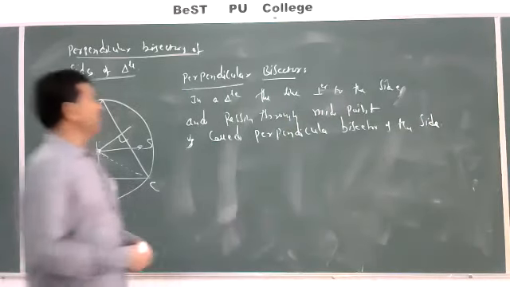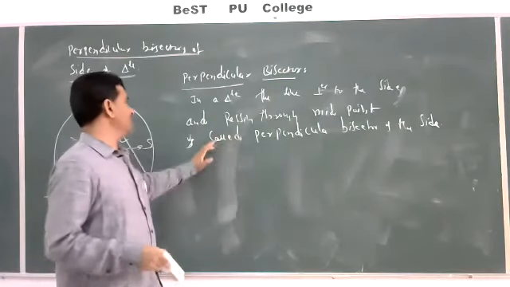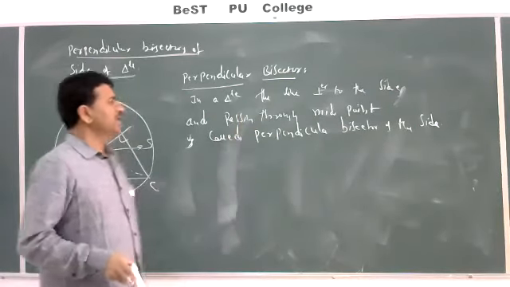In a triangle, the line perpendicular to the side and passing through the midpoint is called perpendicular bisector.